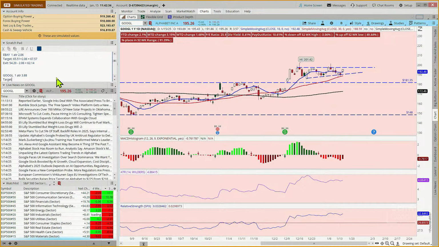And so our target is going to be today's high, which is pretty close to where it's at, 195.43. 195.43 plus 488. I'm going to move quickly because we're almost out of time here. So 488 plus 195.43, 231. Let me know if I messed that up.